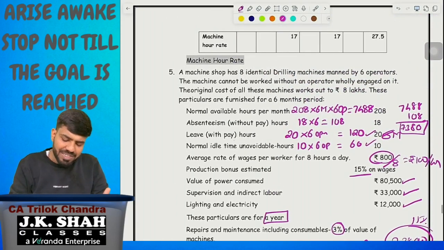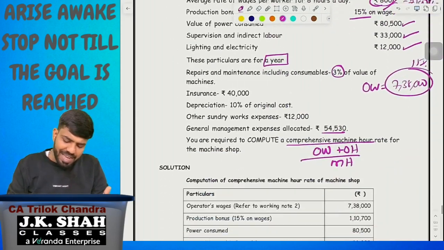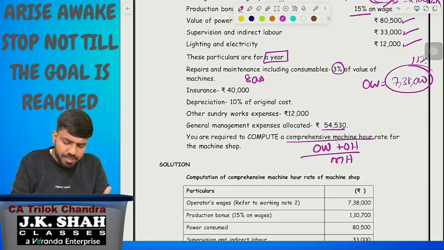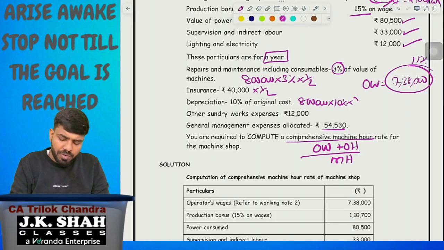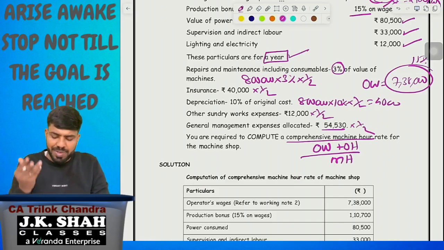Value of machines is 8 lakhs, so I'll take directly 8 lakhs into 3%. We'll get per annum, into 1 by 2 to get 6 months. Insurance into 1 by 2. Depreciation 8 lakhs into 10% into 1 by 2, which equals 40,000 into 1 by 2, because everything they have given per annum will be converted into 6 months time.